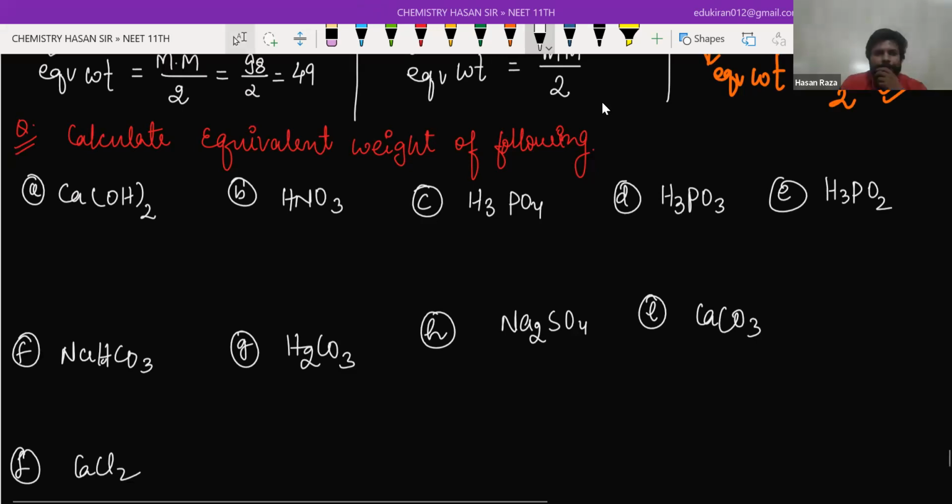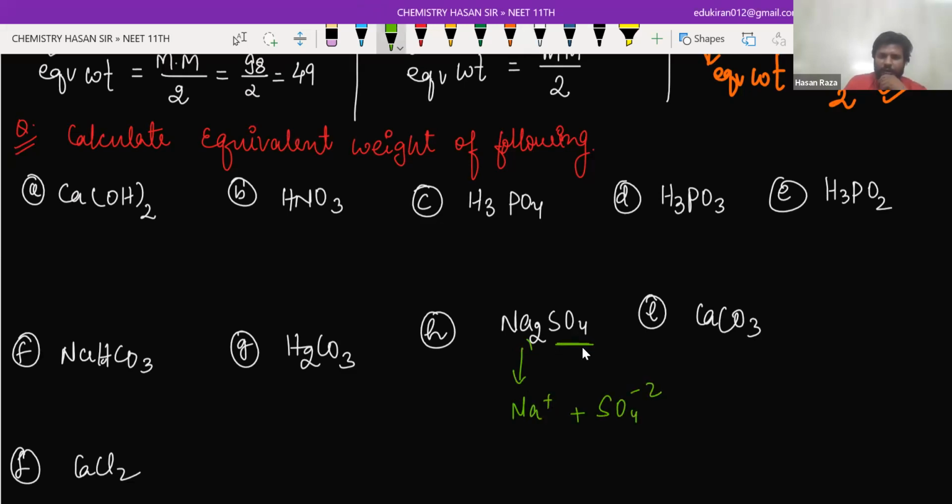Yes. Na2SO4, if you dissociate it, it will be Na+ and this is your sulfate, SO4 2-, and there is 2 Na, so it will be like this.